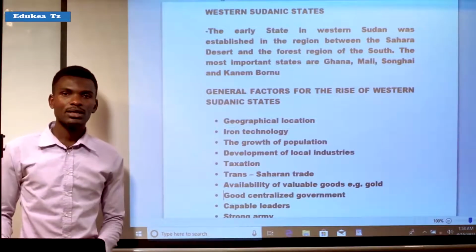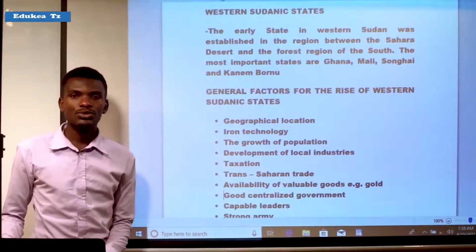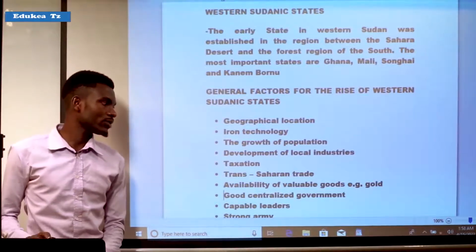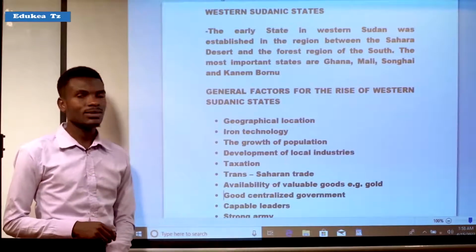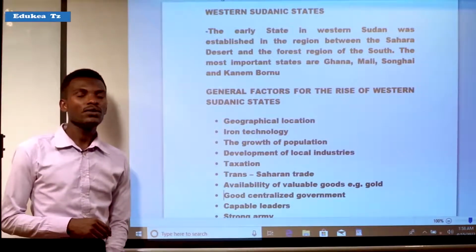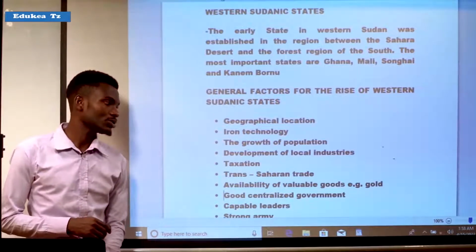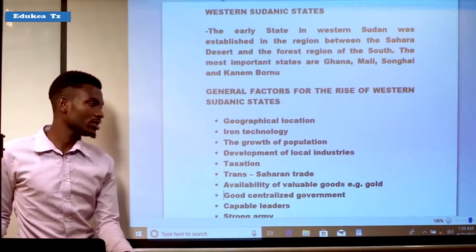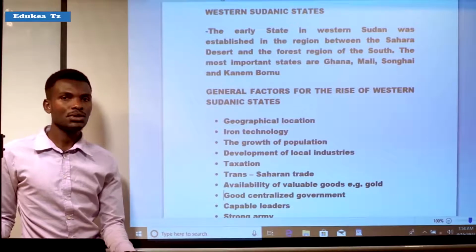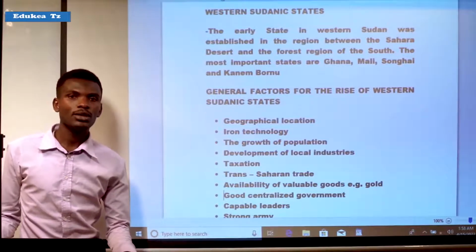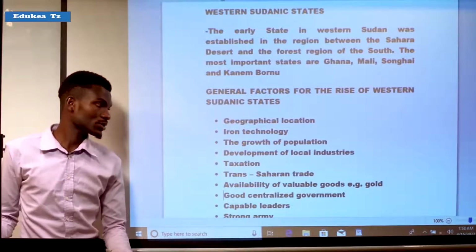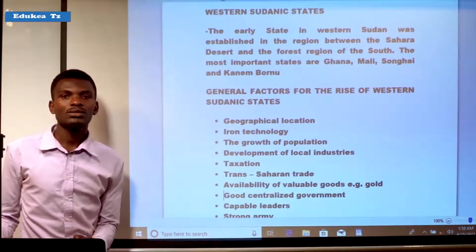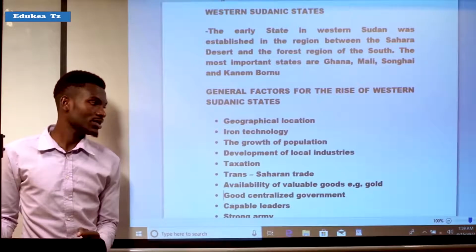It means that the trans-Saharan trade that was conducted across the Saharan Desert gave the rise of the Western Sudanic states because they fully participated in that trade, and that's why the leaders or the middlemen of that trade accumulated a lot of wealth, and that wealth was used to form the Western Sudanic states.